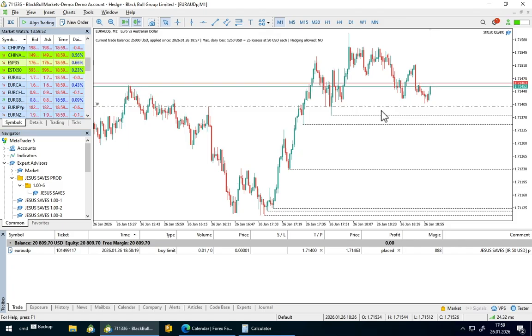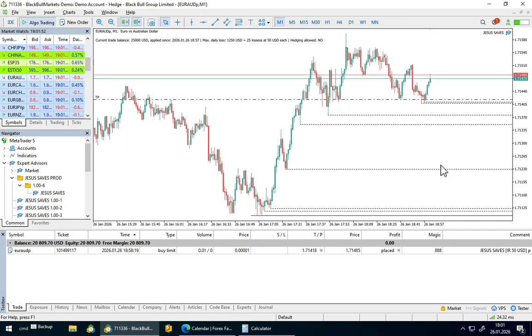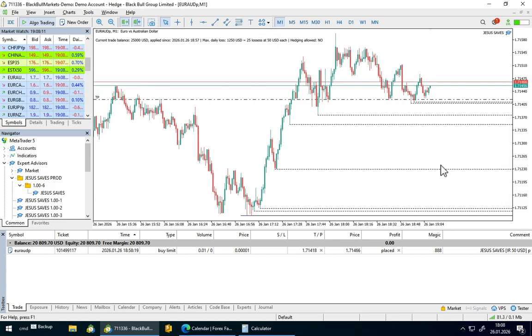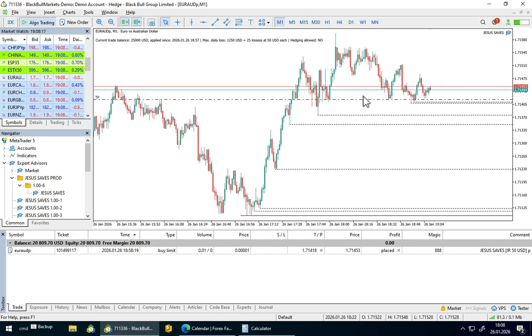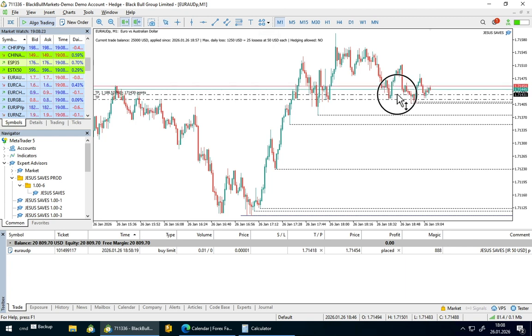Can happen, of course. You never know how it's going, so I'm dragging this TP line, take profit, a bit higher. When I do that, then you can see a new level will be drawn here exactly.